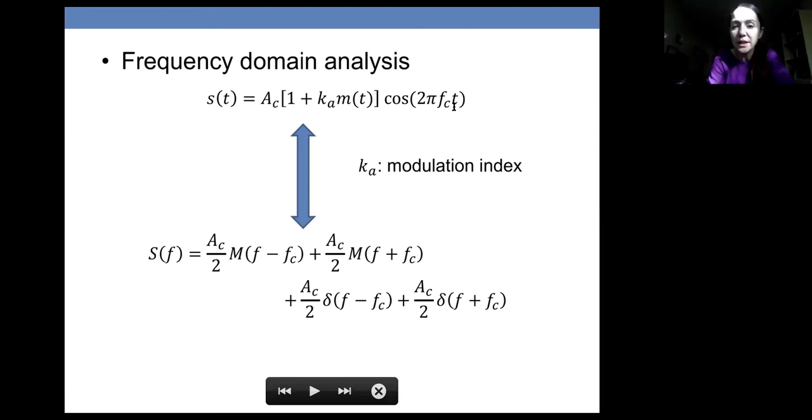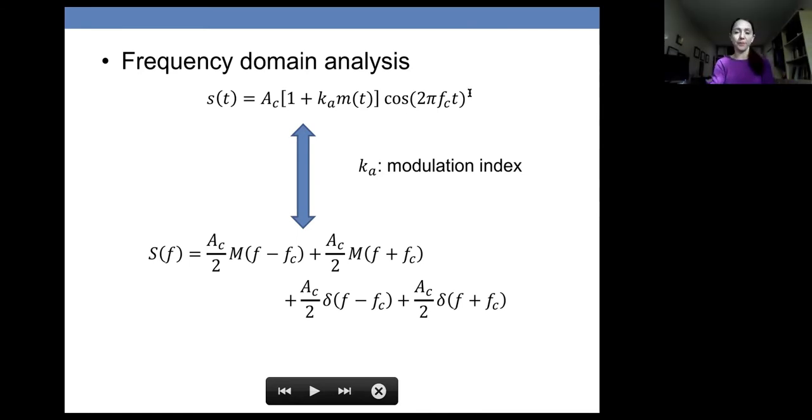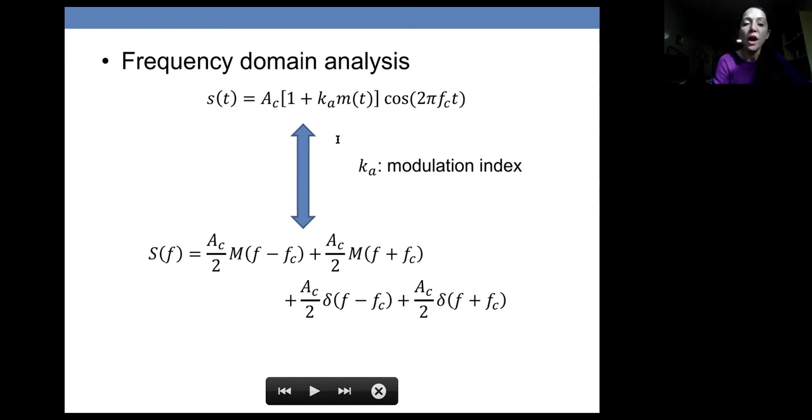So we are basically adding the cosine Ac times cosine 2 pi fct term on top of a scaled version of double sideband suppressed carrier. So Ka m of t cosine 2 pi fct plus Ac cosine 2 pi fct. Ka is referred to as the modulation index. As you can see, it controls how strong, how powerful the modulated waveform is with respect to the carrier.